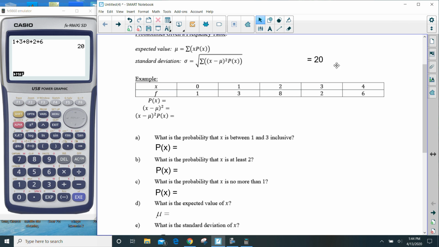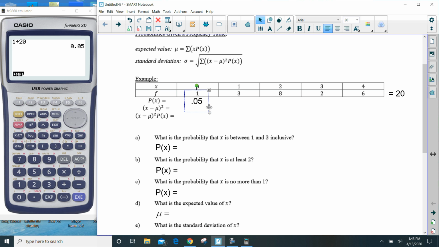So this is the total. So the probabilities: the first one is going to be 1 out of 20. You just have to do it individually, 1 out of 20. And so that first probability is going to be 0.05.